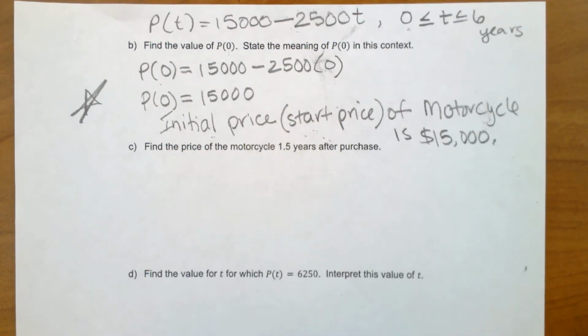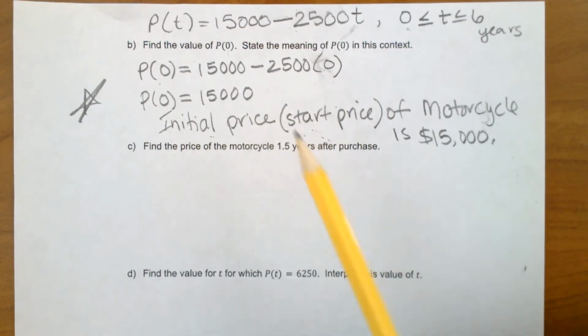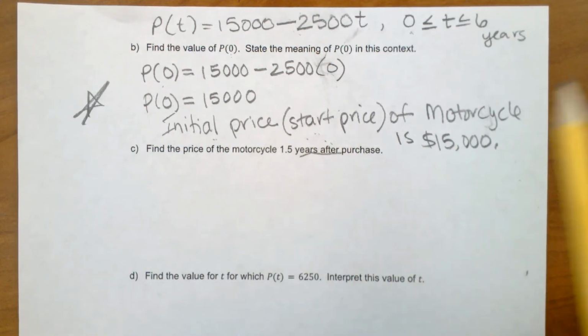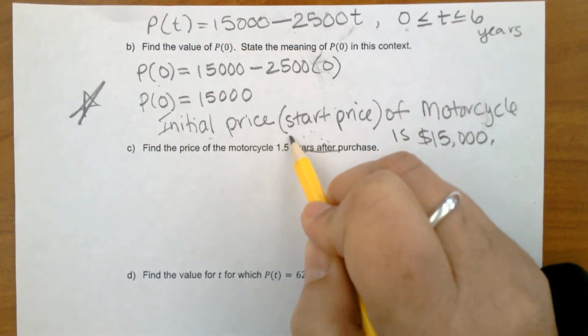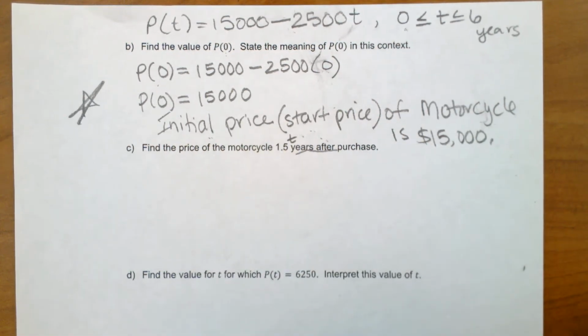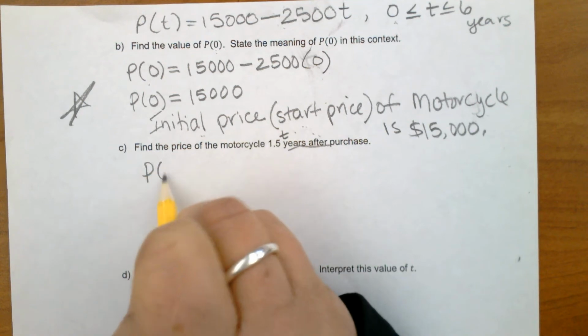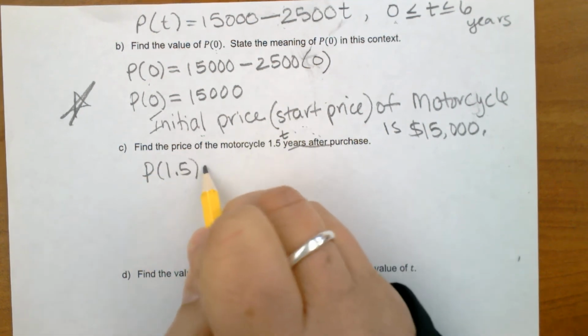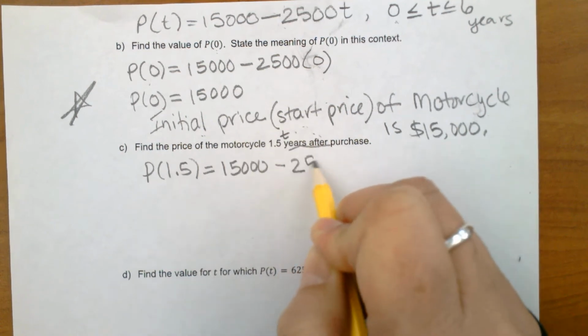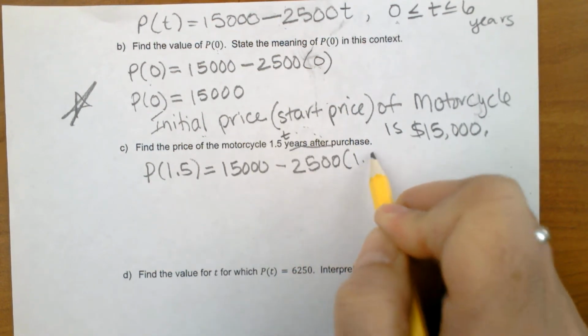Okay, next, part C. Find the price of the motorcycle 1.5 years after purchase. What are they asking? This is years after purchase, so we have a new T. They're going to want us to input the new time and see what the price is.